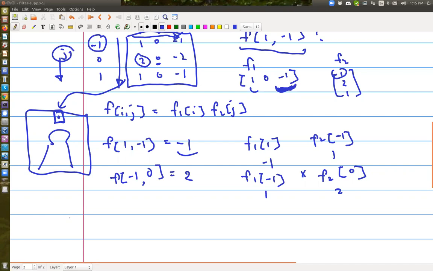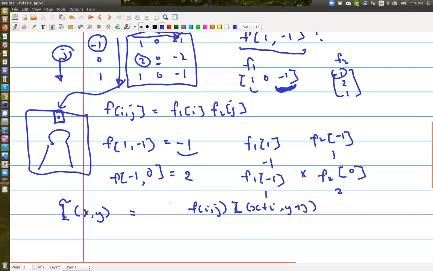So the filtered image at location XY is equal to Fij times the input image, which I'll write as capital I, at X plus I, Y plus J.